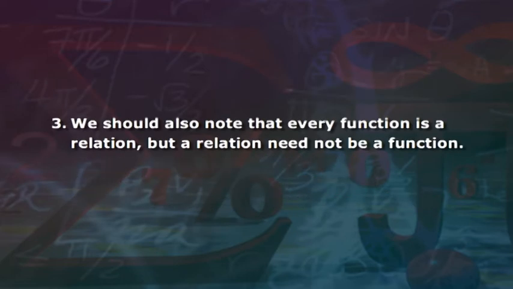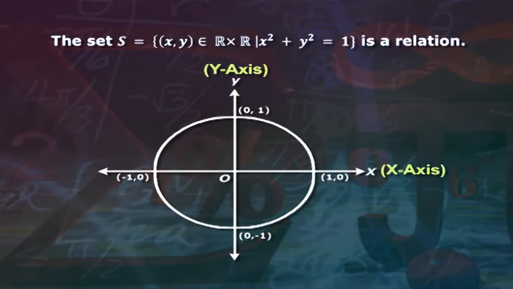3. We should also note that every function is a relation, but a relation need not be a function. The earlier considered set S equal to the set of ordered pairs (x, y) in R² such that x square plus y square equals 1 is a relation, but this relation is not a function.